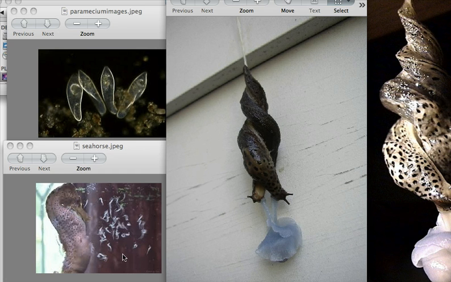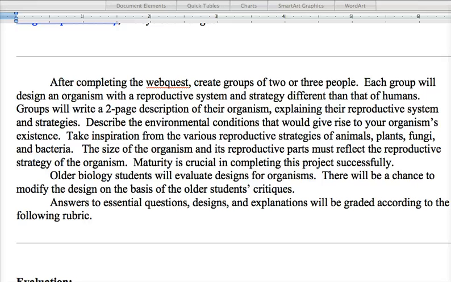A male seahorse giving birth to young, and 2 different pictures of slugs having sex. They are both hermaphroditic and choose their sex at the beginning of the sexual event and wrap themselves around like that. Many examples of unusual reproductive strategies in nature.